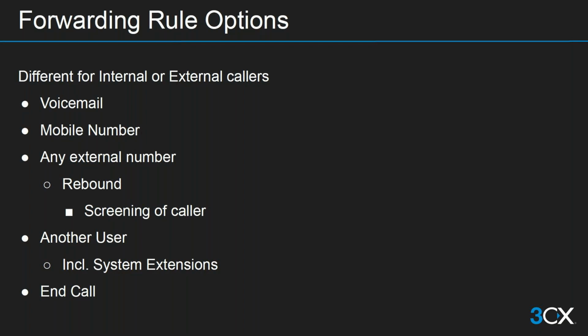We have forwarding options to voicemail, mobile number, any external number, other users, including system extensions, or the most user-friendly one, end the call. Yeah? And this can be a different destination based on where the call comes from, either internal or external callers.